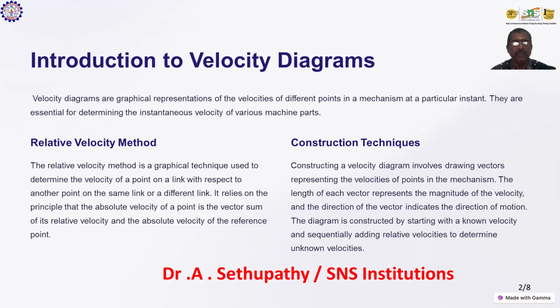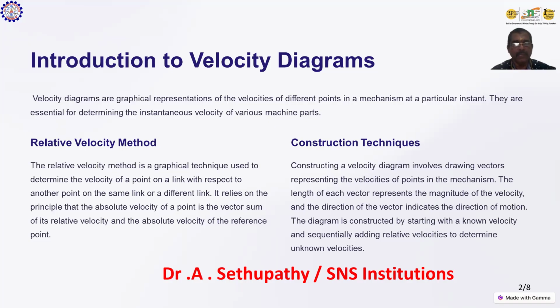So how is it constructed? The construction of a velocity diagram involves drawing vectors representing the velocities of points in the mechanism. The length of each vector, representing each link, gives the magnitude of the velocity, and the direction of the vector indicates the direction of motion of the link.